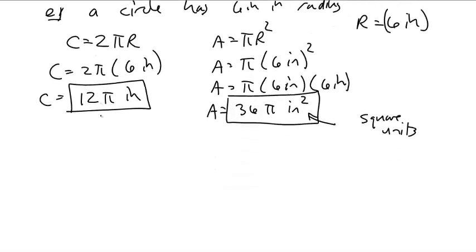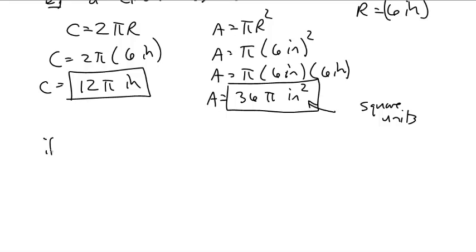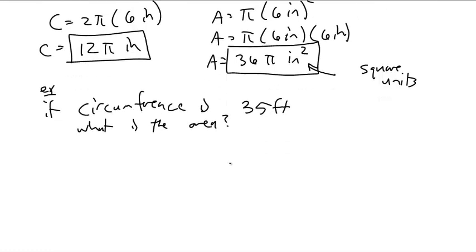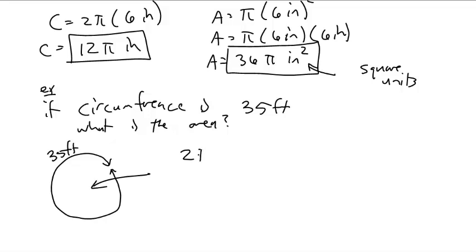And I'm going to ask you to do things like, this is a new example, if the circumference is, let's say, 35 feet, what is the area? That is, you have 35 feet of rope, and you put that 35 feet of rope around into a circle. What is the area inside? Well, you know that the circumference formula 2 pi r has to be 35.